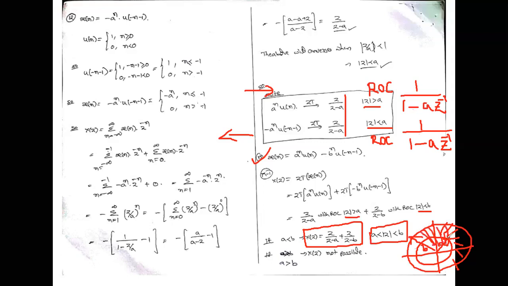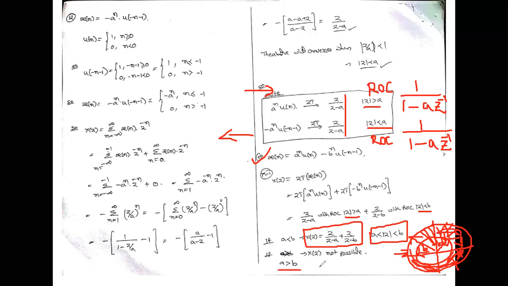Now an overlapping occurs in between the circles, not inside the circle and not outside the circle with the radius of b. It is in between a and b, an annular region. In between a and b, there is an overlap.